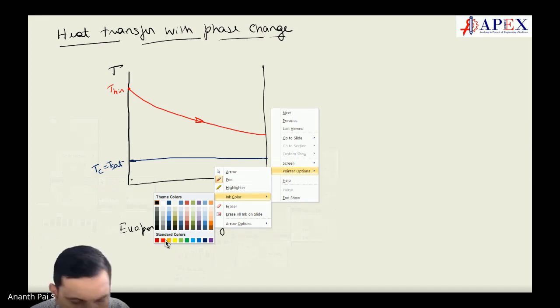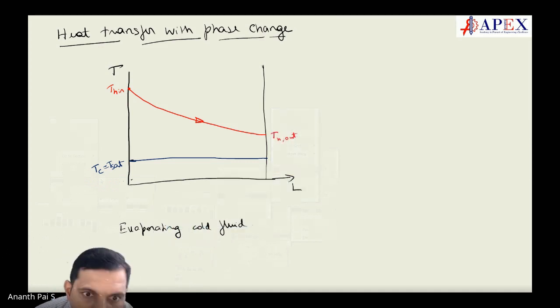So it may be something like this also. We start from here and we go down like this also. It may be the other way around also. Both cases can be there, right? And this would remain the same.